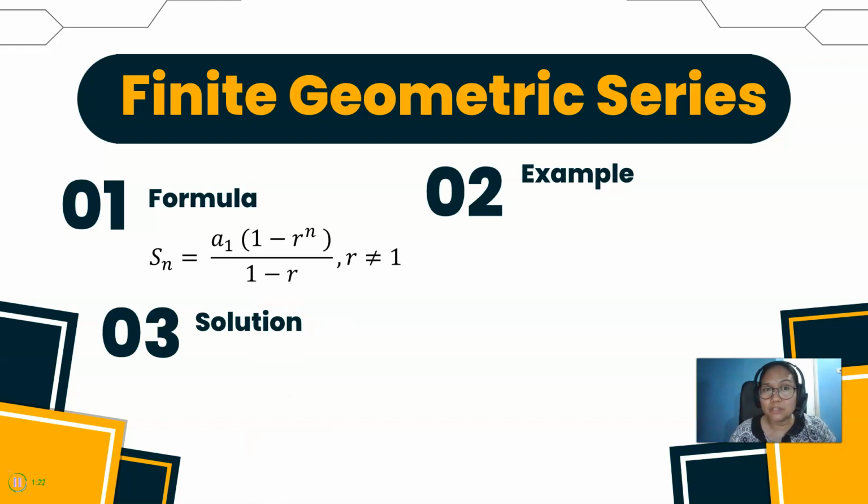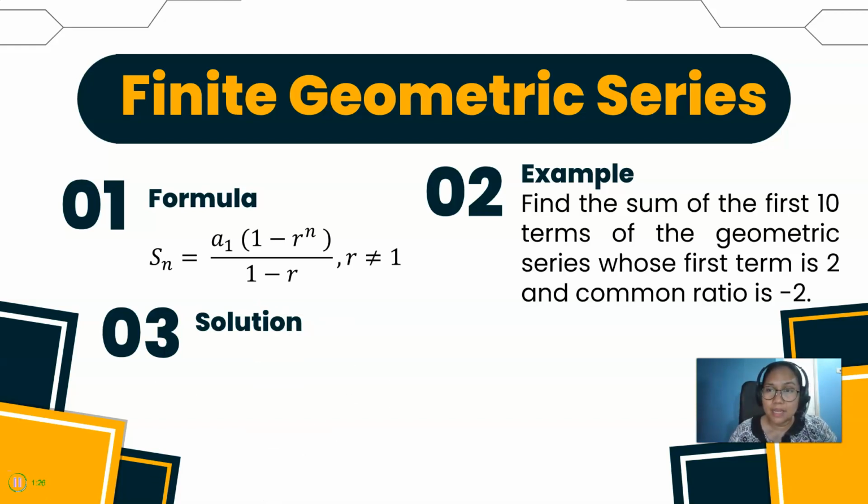We use this formula to solve for the sum of finite geometric series. In the example, find the sum of the first 10 terms of the geometric series whose first term is 2 and common ratio is -2. So therefore, the first term is equal to 2 and the common ratio is -2.